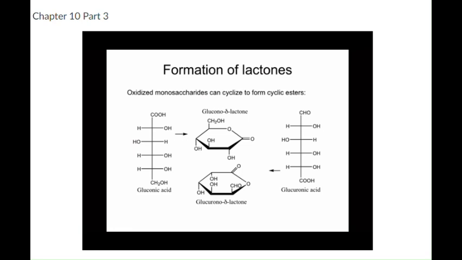So if we oxidize a carbohydrate to glucuronic acid, as we see over here, glucuronic acid can undergo a cyclization by reaction of the hydroxyl on carbon 2 with the carboxylic acid. And this would be glucurono delta lactone.